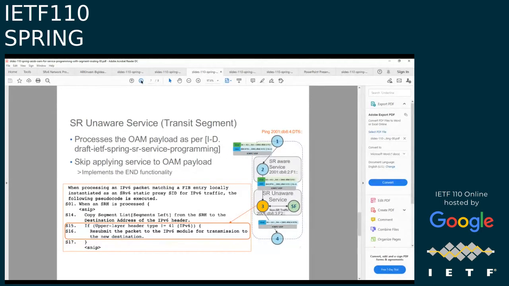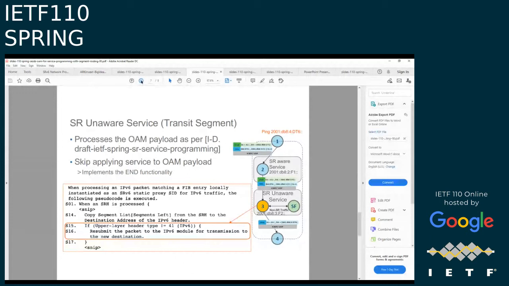In this example, we are pinging a VPN SID advertised by node number 4, so 4:DT6, via service segments F1 and F2 hosted by node number 2 and node number 3 respectively. We went over transit functionality for the SR aware service earlier.